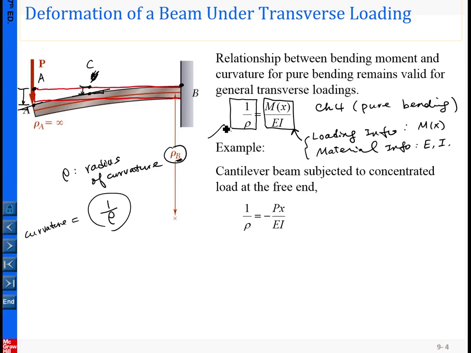The left-hand side is the curvature, which is the geometric information. Once the material is bent, it is deformed and its geometry changes. So that is the equation for this case.